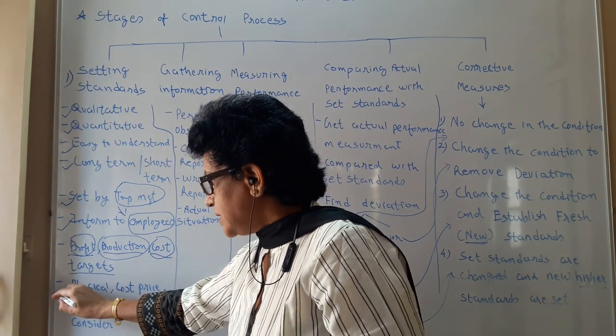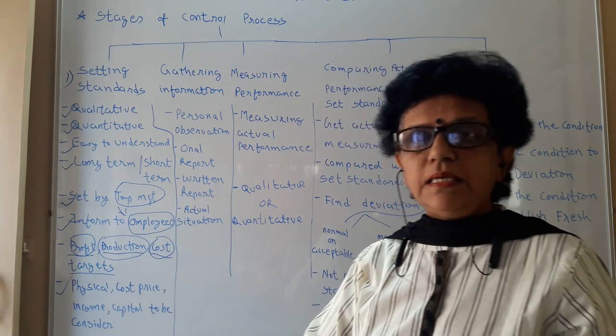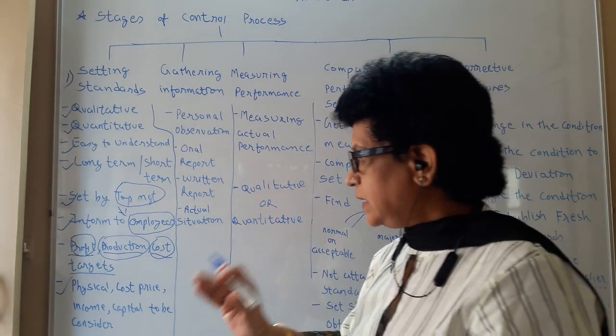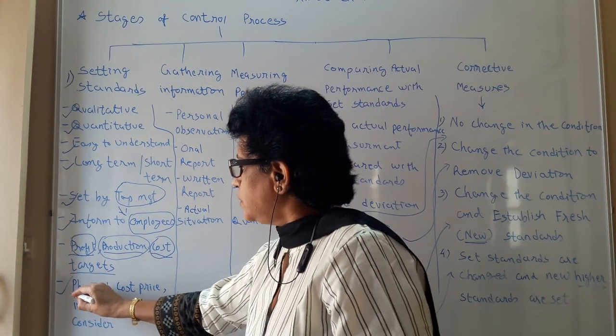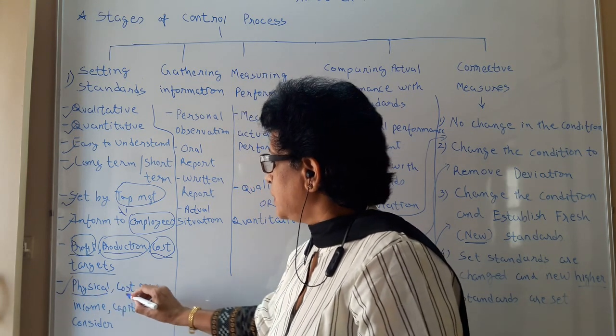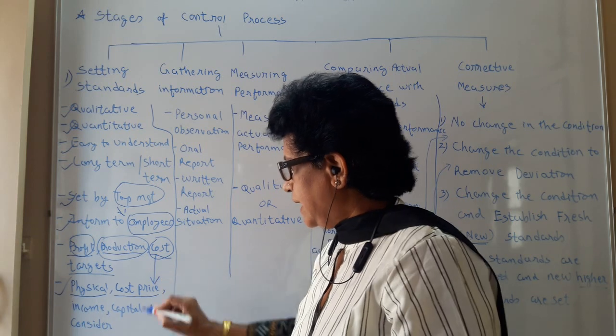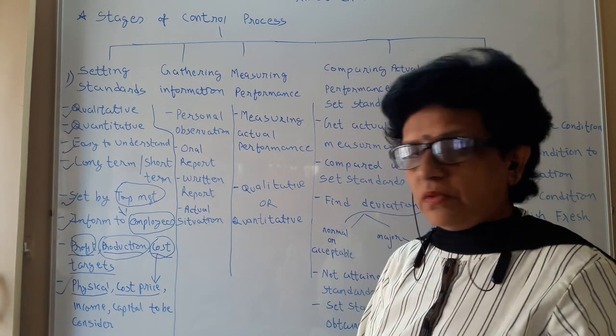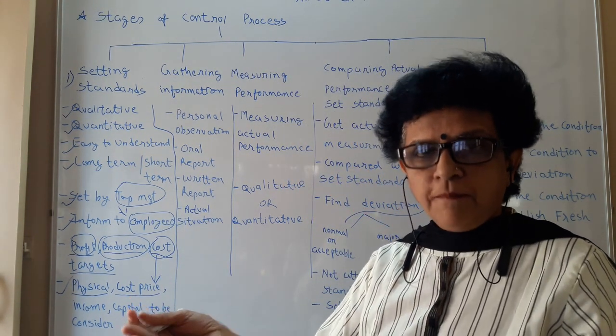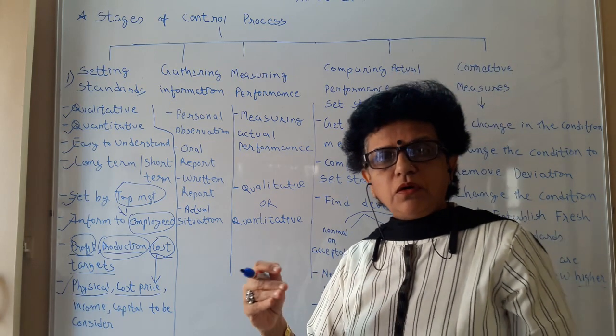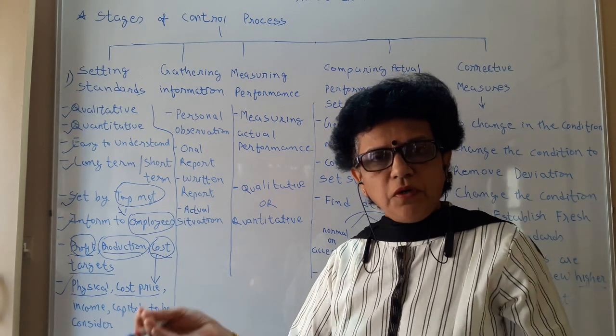The standard must precisely mention what physical appearance you are looking for in your product. What will be the cost price? See, the input cost and your profit margin are going to decide the maximum cost. Now you know very well at what cost the competitors are selling the product.